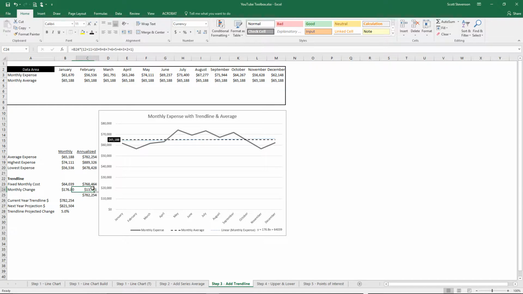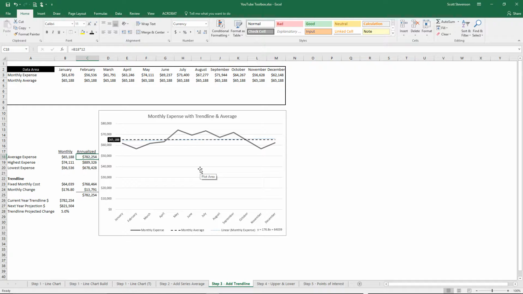And so if you look at the formula, it's showing 176.80 times 12 for December, plus 11 for November, 10 for October, 9 for September, and so on and so forth. And so actually, while you wouldn't think initially that that would add very much money, it does add $13,791 for the entire year. When you add these two numbers together, you get magically the $782,254, which is exactly the total amount of the individual data points that have a much greater dispersion over the analysis.